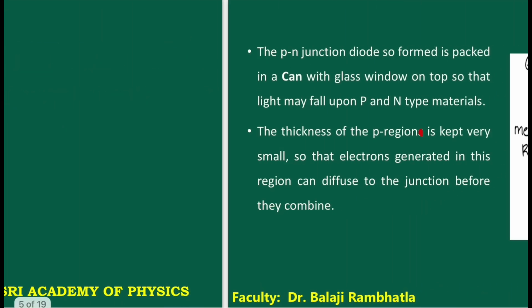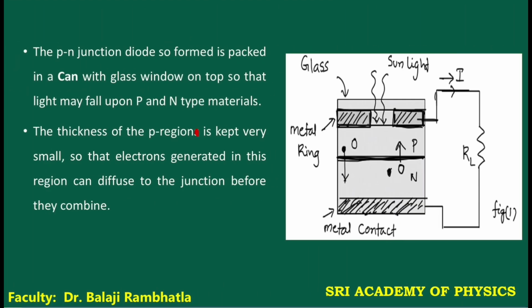Now, the construction of a solar cell is nothing but a PN junction diode formed in a can.